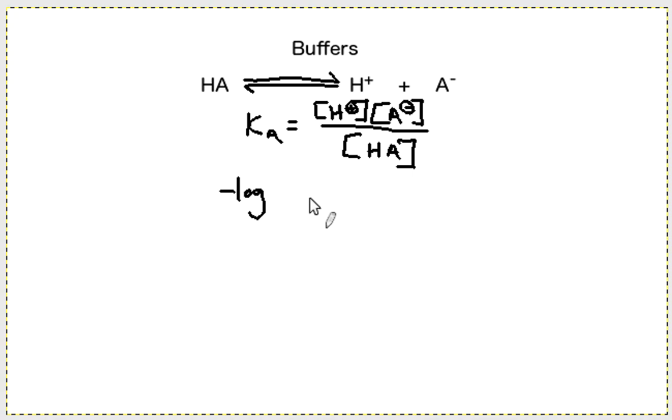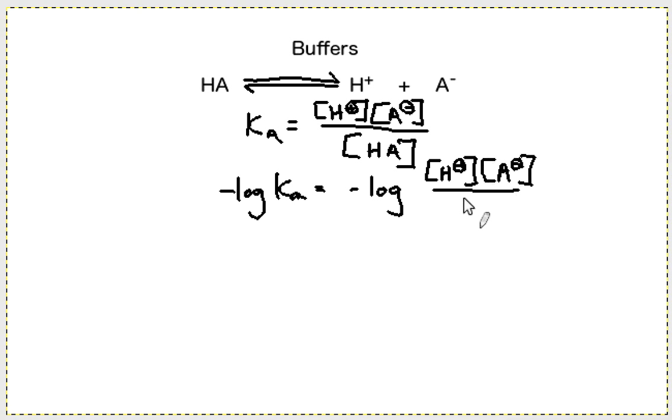So we'll say negative log of Ka, right, equals the negative log of all this stuff, H+ times A- over HA. Now we know negative log is another way of saying p of something. So this is going to be the pKa over here.